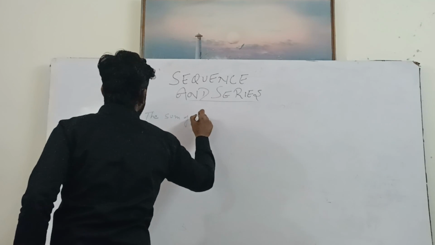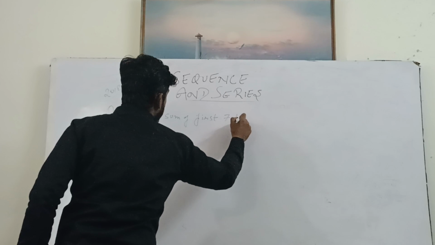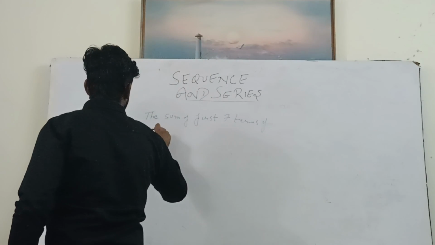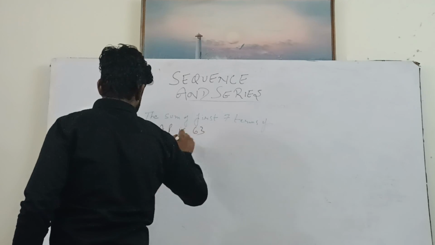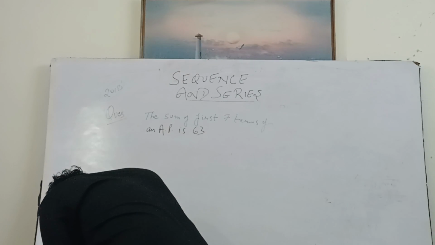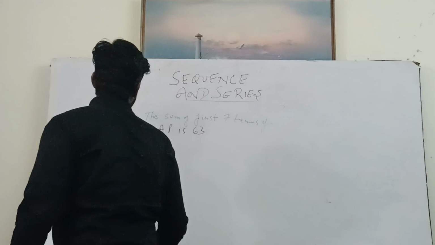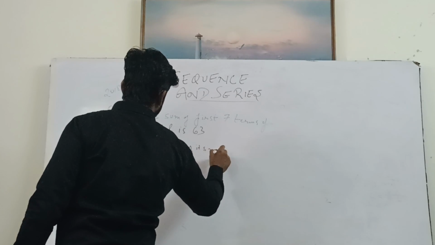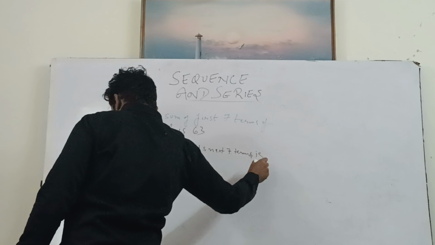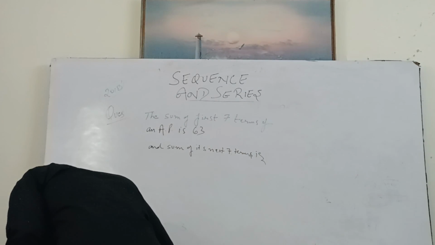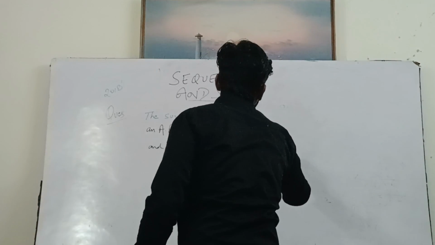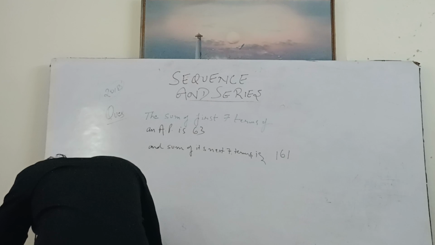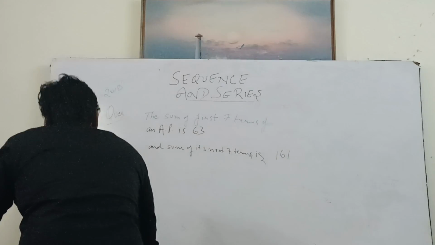The sum of the first 7 terms of an AP is 63 and the sum of its next 7 terms is 161. Find the 28th term.